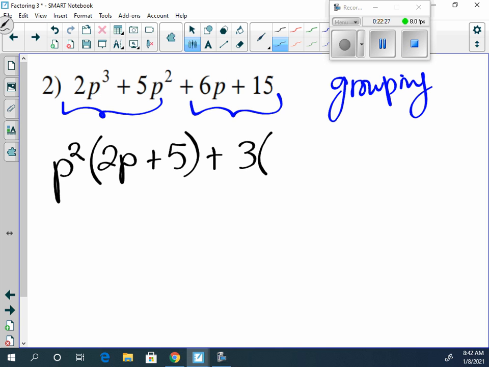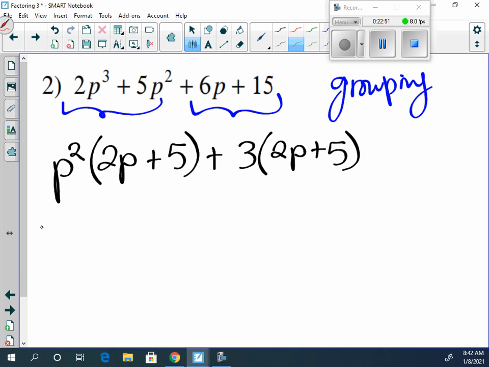Because if I divide 6p by 3, I'm left with 2p, plus 5. So we factored that 3 out. So any questions on this here so far? That's what we want. That's what we want to have happen.